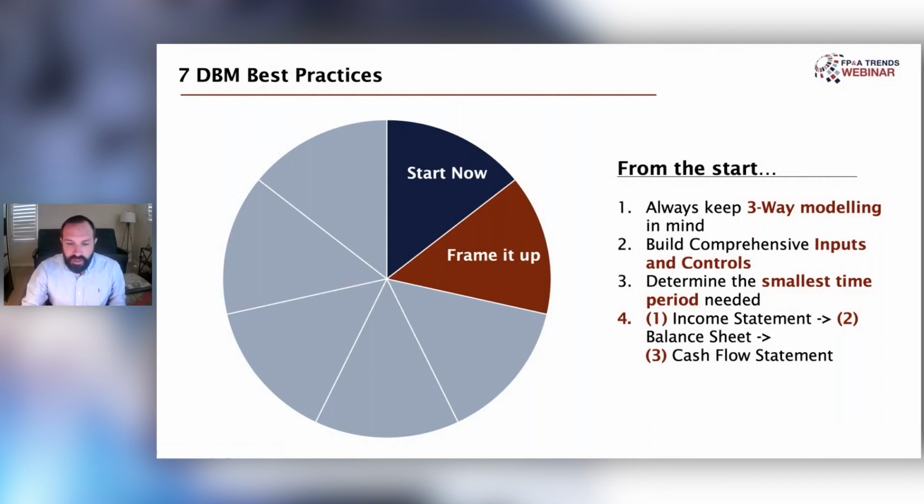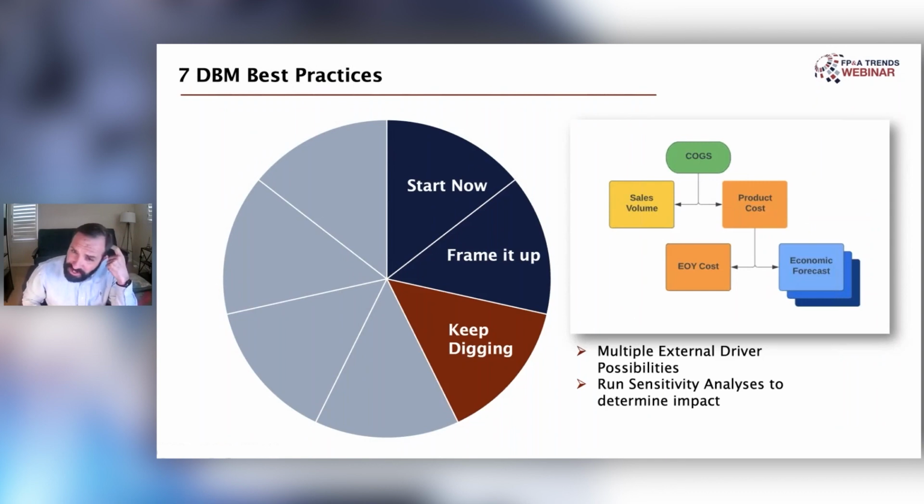The next piece is making sure that you really dig in. As we advance, you'll see that my example here is COGS. What you have here is sales volume, which is coming from another forecast, and then product cost, and that product cost is driven by the end of the year cost of that particular good, and maybe 3 or 4, maybe more, economic forecasts in particular.